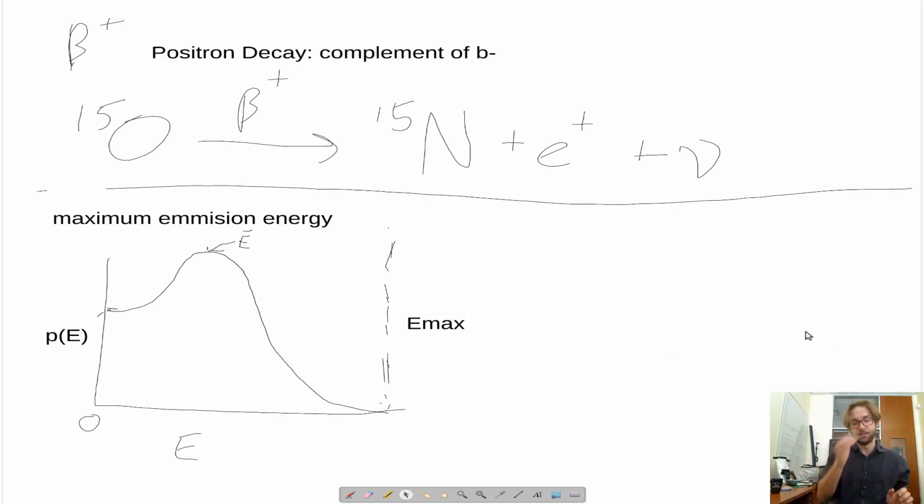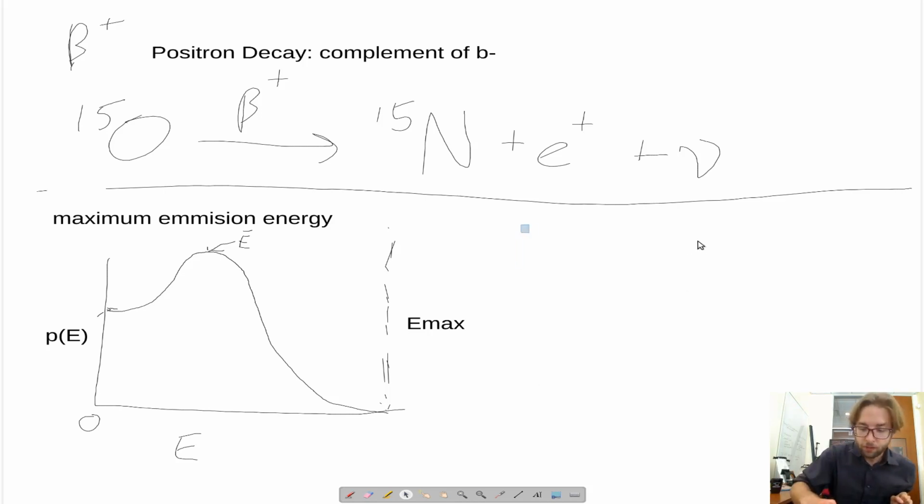This is the threshold energy, the maximum emission energy, above which positrons and negatrons cannot come out.